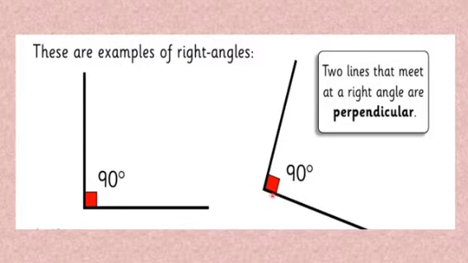The adjacent one is a bit slanted, and the way you need to measure is you need to keep the center of the protractor, coincide this baseline with the baseline of the protractor, and then measure this angle to be 90 degrees. And one more important point is two lines that meet at a right angle are perpendicular.